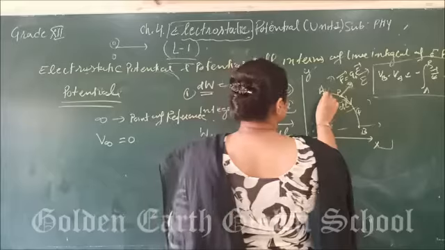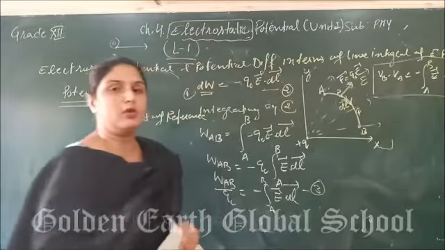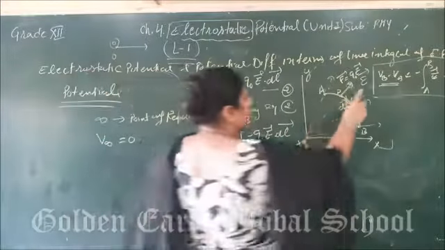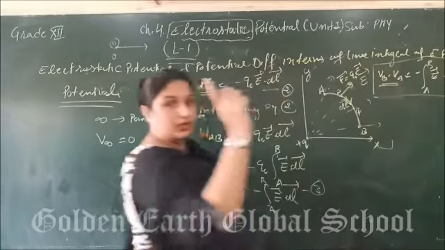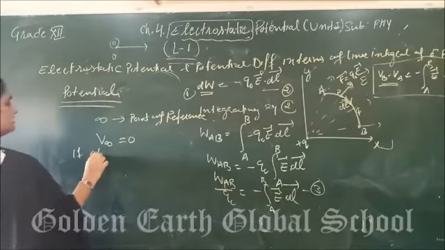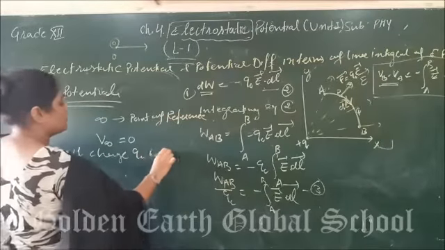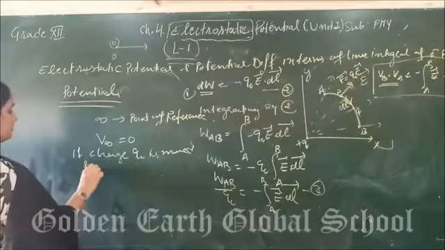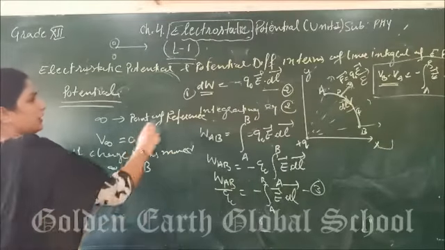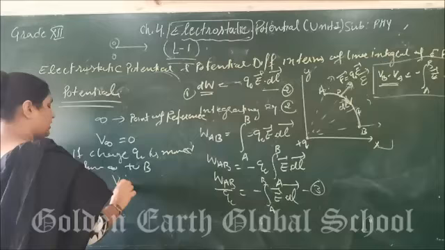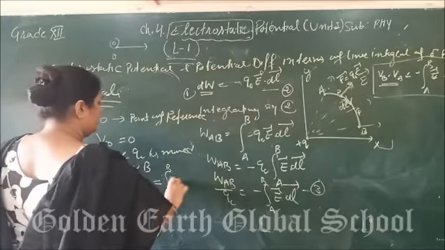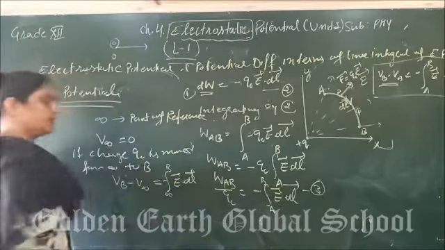Now here we are moving the charge from point A to B. If I want to change the limits, that is, if I move the charge Q naught from infinity to point B, then the last integral will be VB minus V infinity, equal to minus the integral from infinity to B of E dot dl, where there is the negative sign.